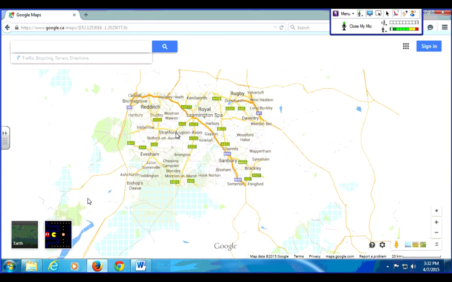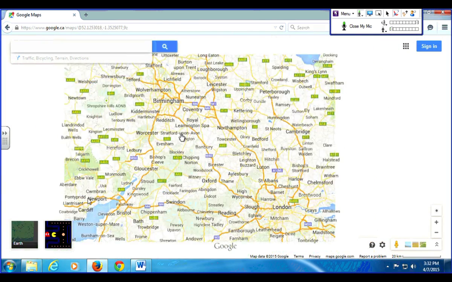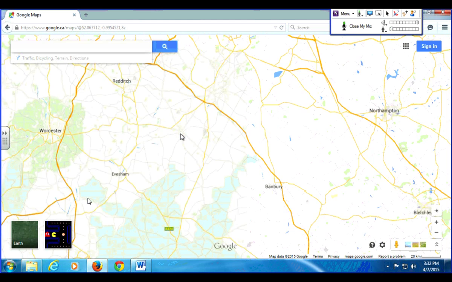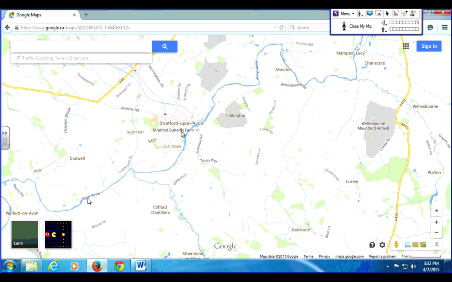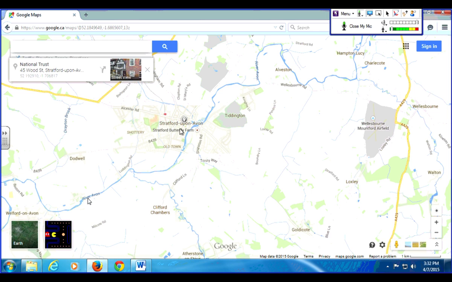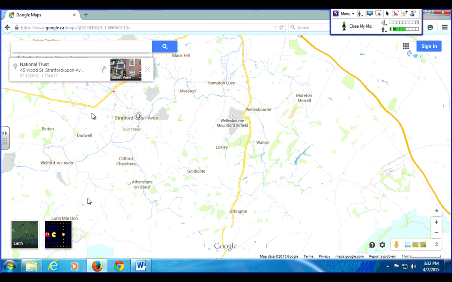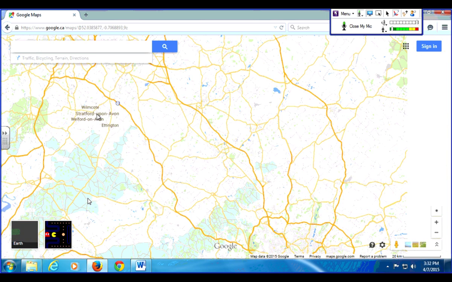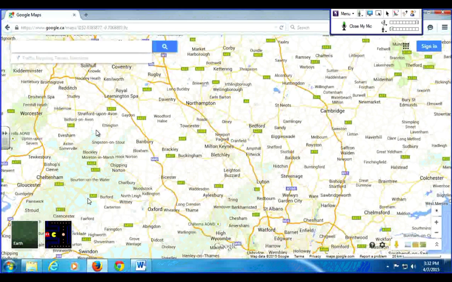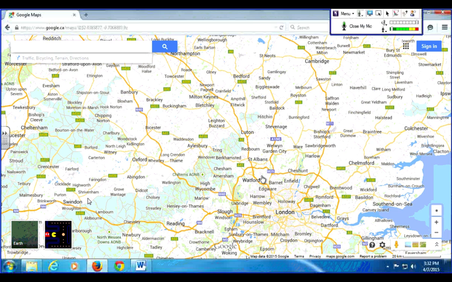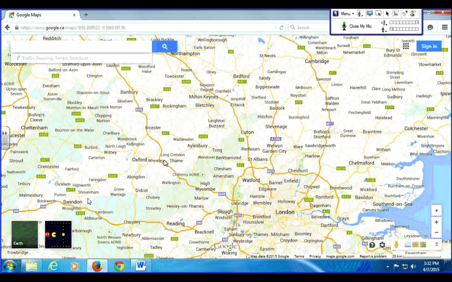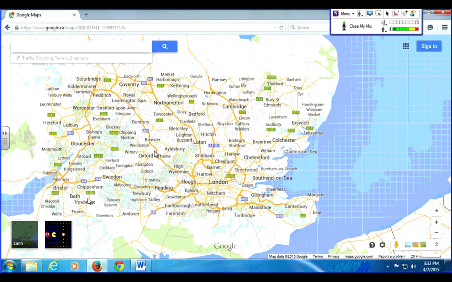So we'll keep zooming out. Give me a second. We'll put a little marker here. So that's where he was born, Stratford-upon-Avon. So he's a fair ways from London. London's way down here. So it may seem pretty close.